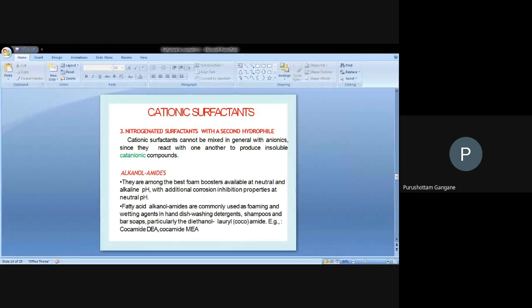They are also used in shampoos and bar soaps. Okay, particularly the diethanol lauryl cocoamide, cocoamide DEA, cocoamide MEA. These are used as a detergent and a foaming agent. So alkanolamides are mostly used as a foaming agent and they are cationic surfactants.